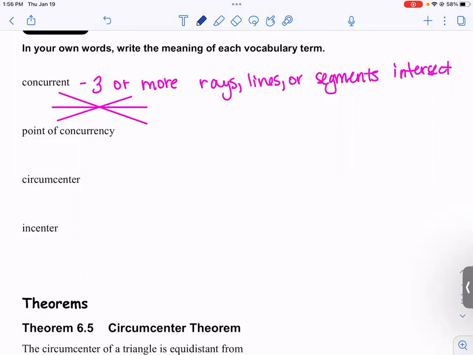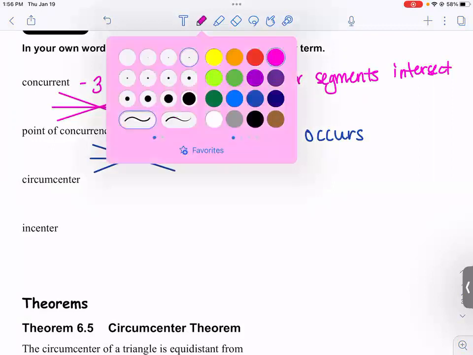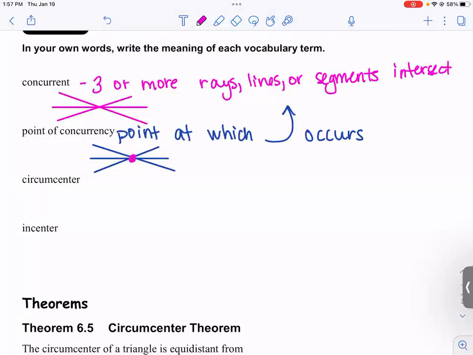171. Okay, the point of concurrency is the point at which this is occurring. Okay, so if we have 3 lines or 2 or more lines, rays, segments intersecting, then our point of concurrency would be the point in which they're all intersecting.